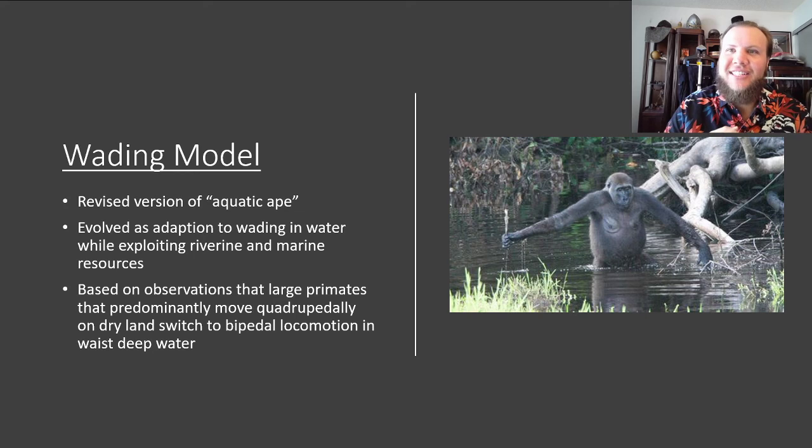It's a very interesting model, but not scientifically valid anymore. What is scientifically valid is that wading model, that we wanted to make use of more riverine resources and marine resources.